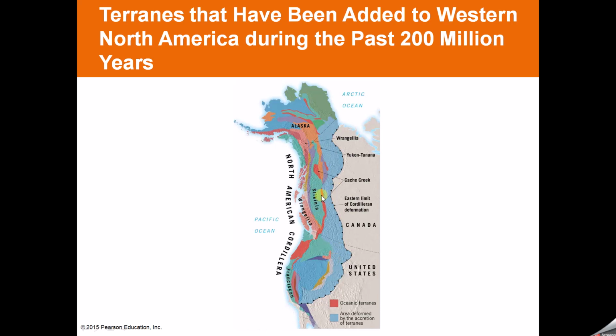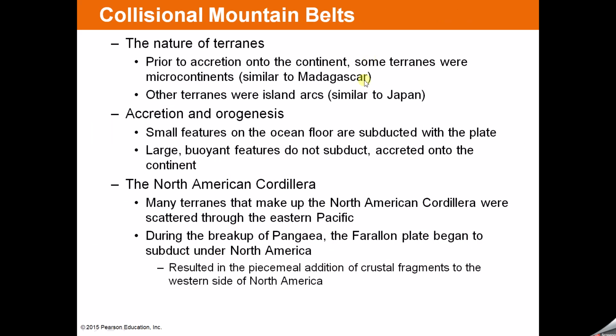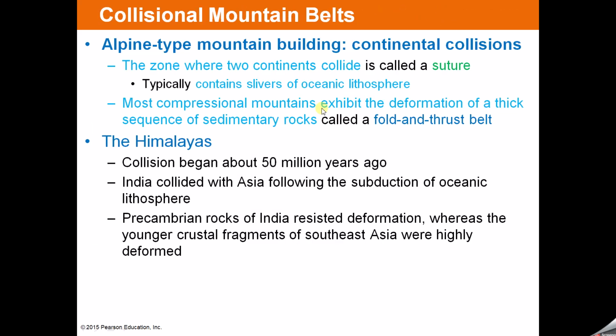But it's very strange to find oceanic terranes inside the continent, and the explanation for this is this process, which is collision and accretion of small crustal fragments to a continental margin.